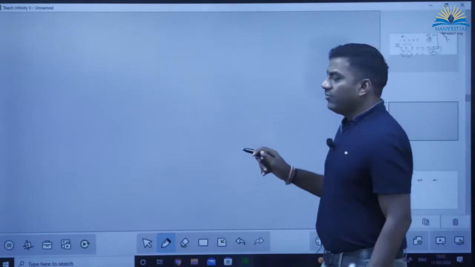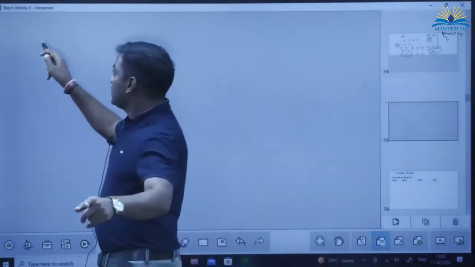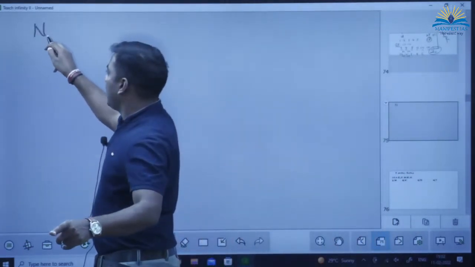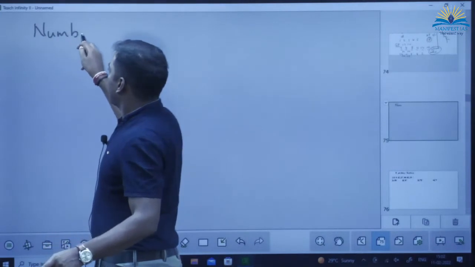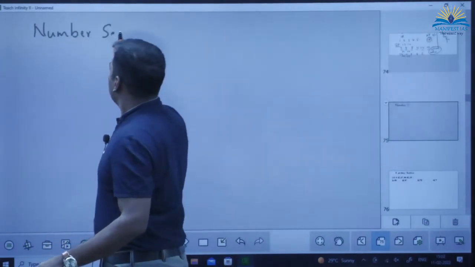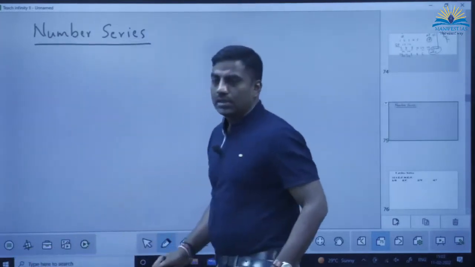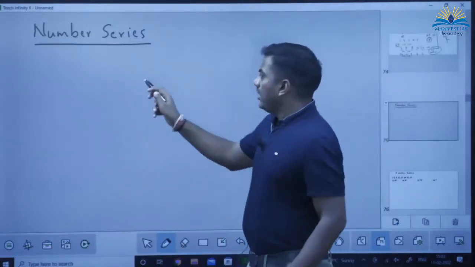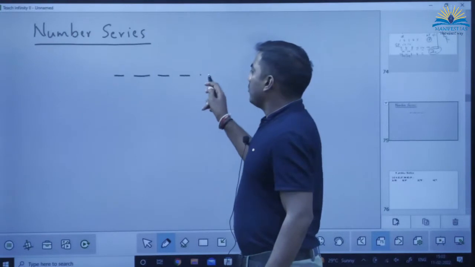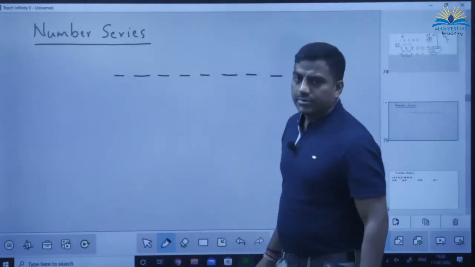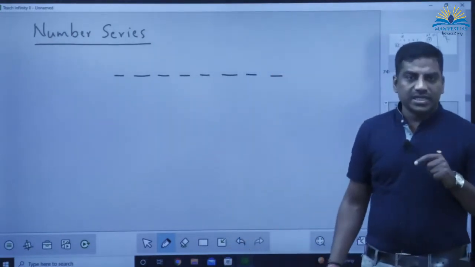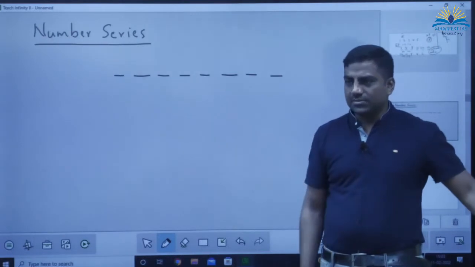Then, when we talk about the questions, I have given number series here. Between every two consecutive numbers there is a relation.